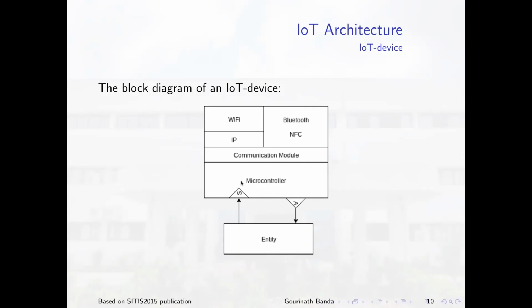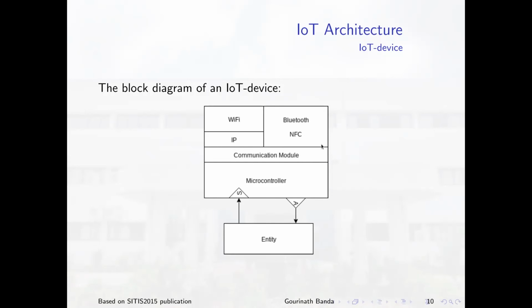Microcontroller senses whatever is happening inside the entity and it computes the actuations and drives them out through the actuators. However, because such embedded systems are networked through internet protocol or IP protocol, there is a need for a communication module, and that is being satisfied by this communication module here.